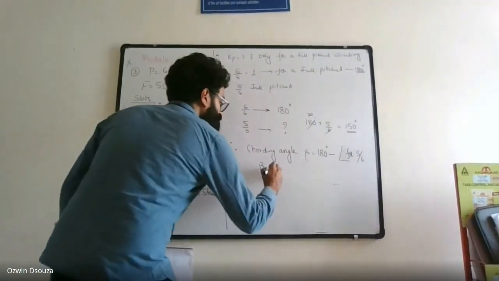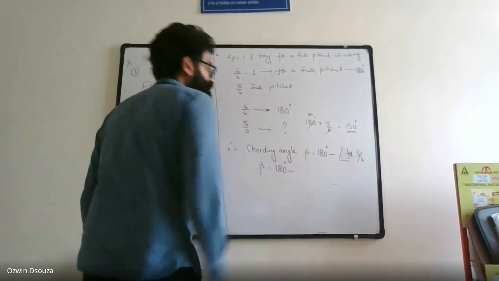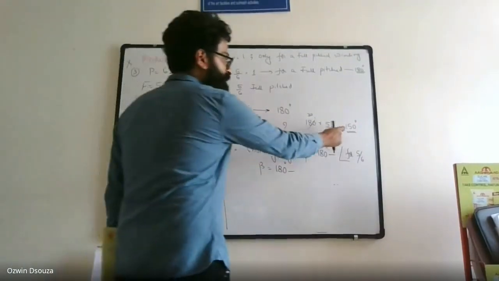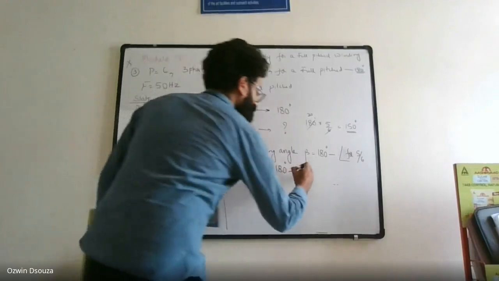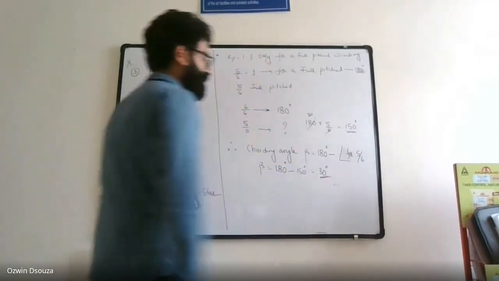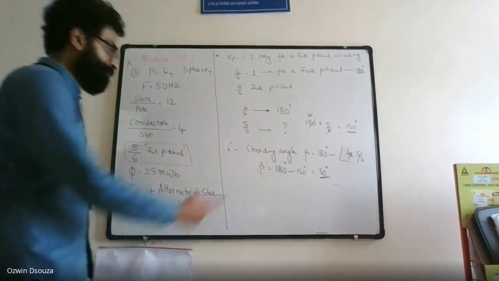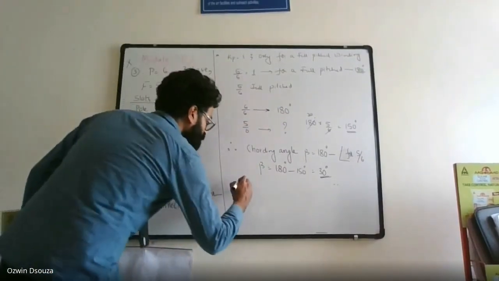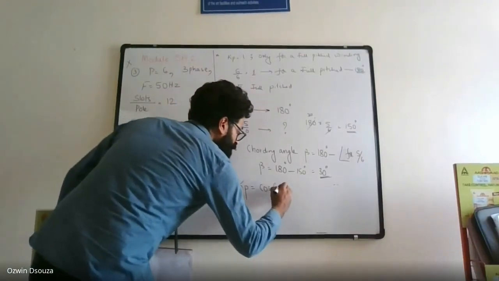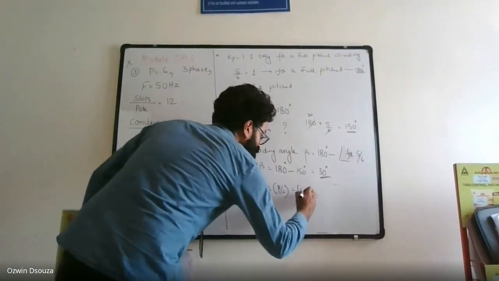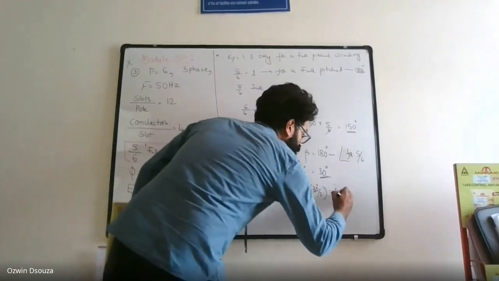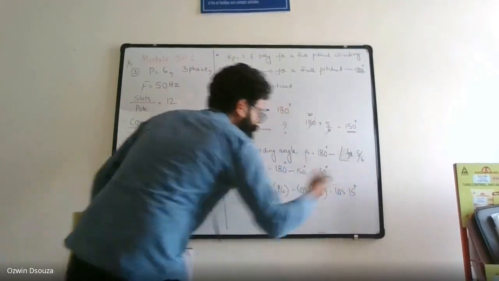For a 5 by 6 full pitched coil, you got the angle as 150. So beta, you will get it as 30 degree. This is how we calculate beta. Once this beta is known, you can find Kb is equal to cos of beta by 2, that is cos of 30 degree by 2, or cos of 15 degree.